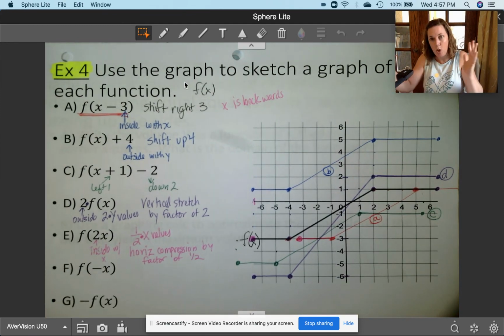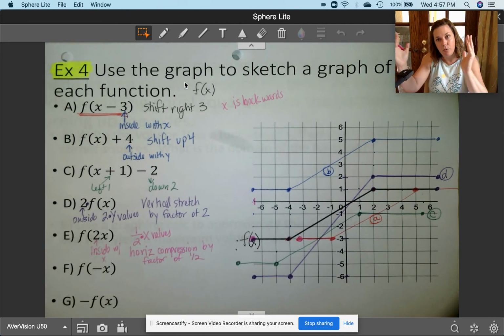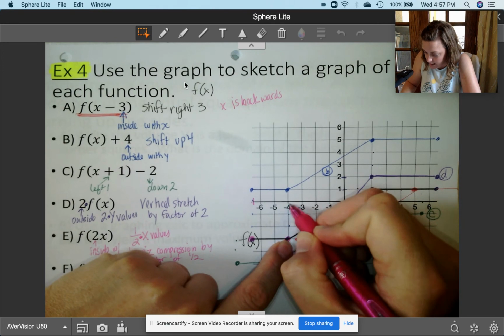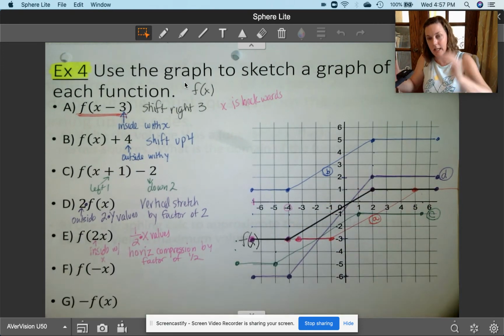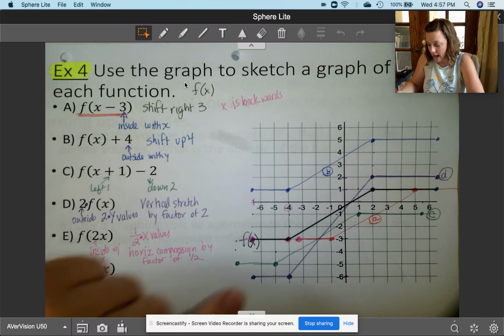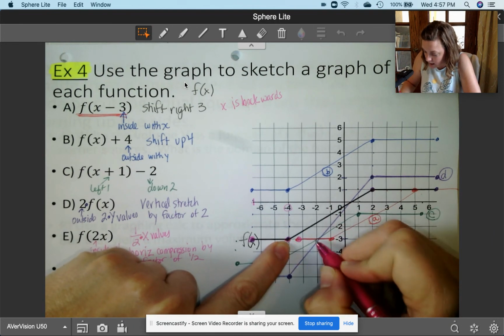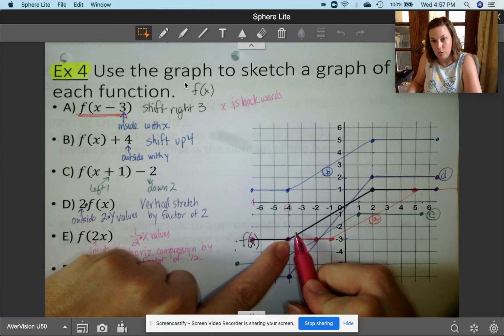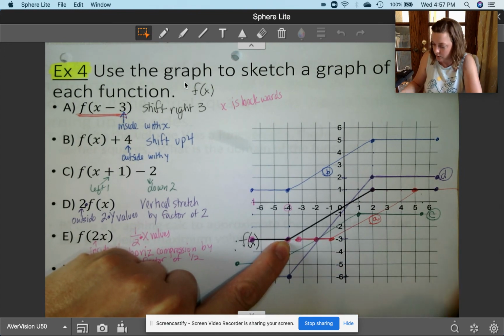So it's pulling in towards the y-axis. It's compressing horizontally. This point on the x-axis is here at -4. It's going to compress halfway. So it's going to compress and move horizontally to -2. So it just slid to -2.